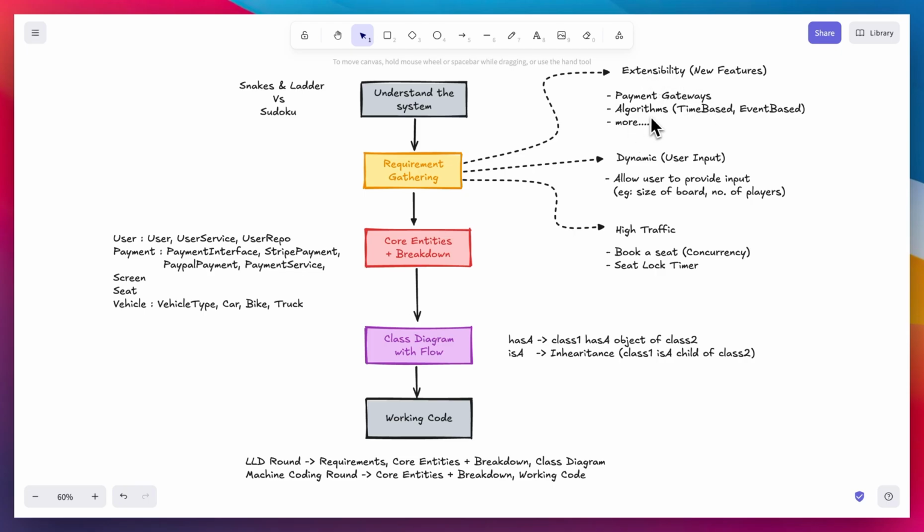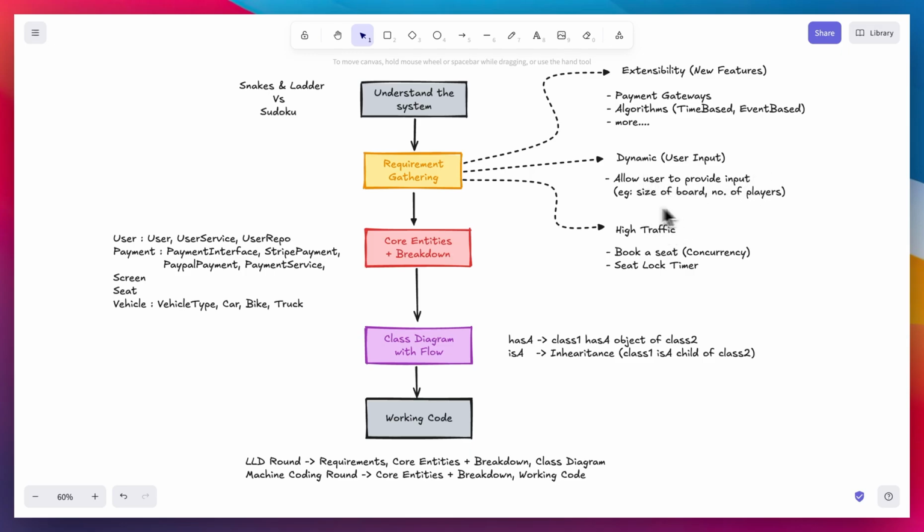Similarly, let's say currently you are charging your customer based on time. But in future, you might want to charge your customer based on event as well. So this requirement will also go under the extensibility category. The second category is dynamic.